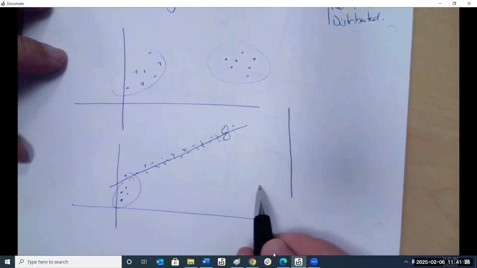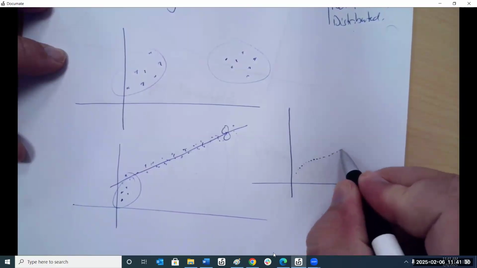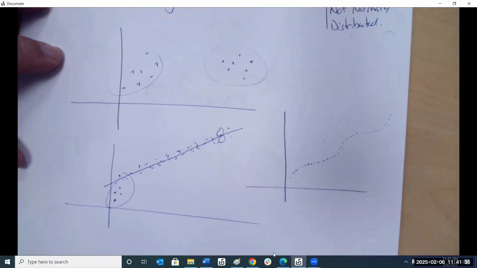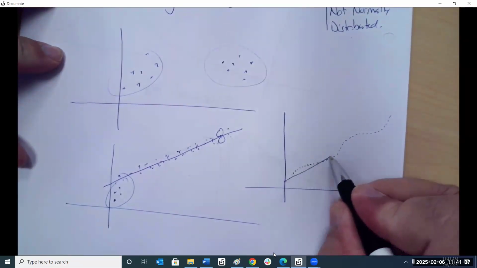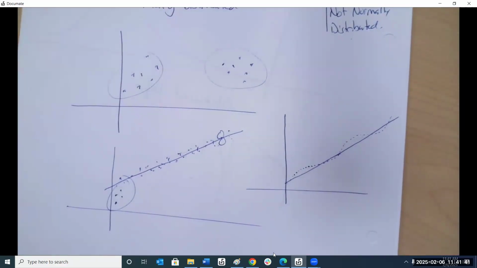How about that? Is that normally distributed? Why not? But they're close to that line.